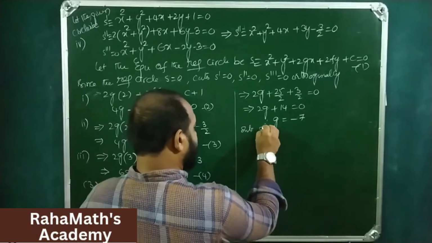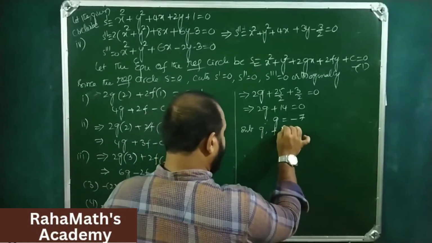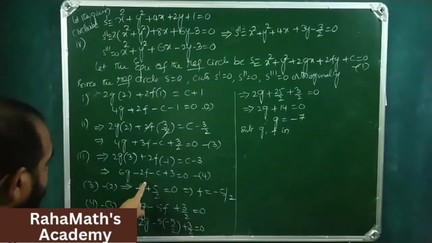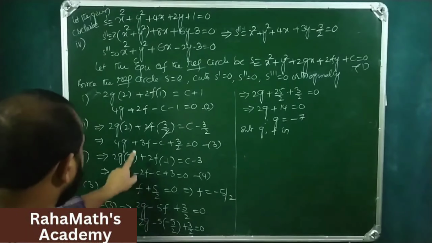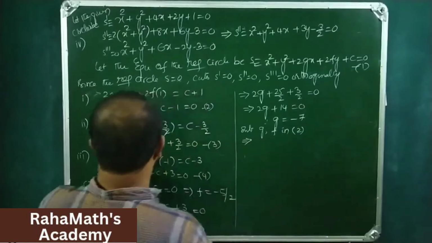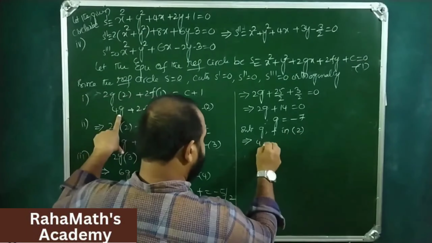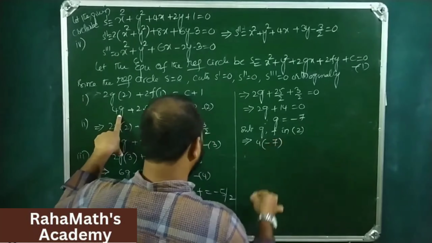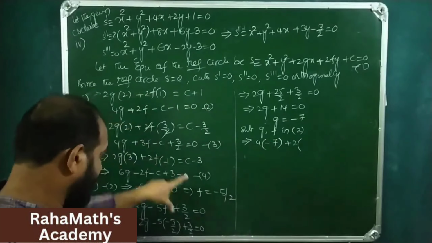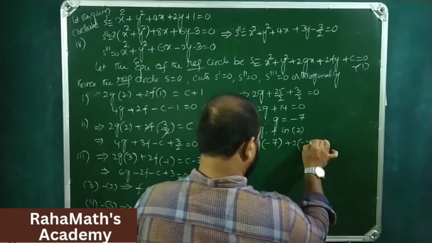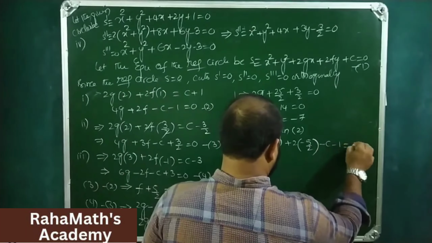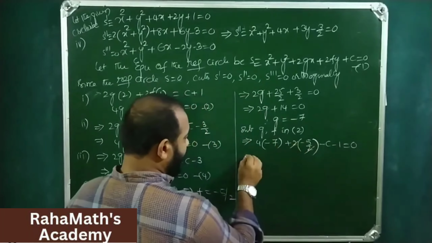Substituting g, f in any one of the equations, like the fourth equation or second equation, implies 4 into g value, which is minus 7, plus 2 into the value of f, which is minus 5 by 2, minus c minus 1 equals to 0. 2 gets cancelled.